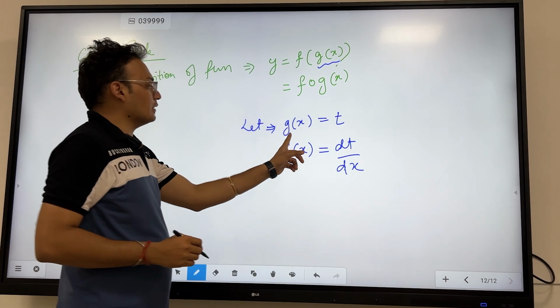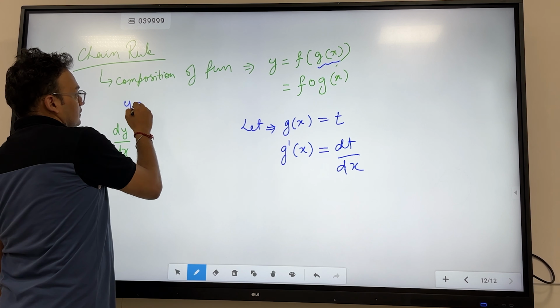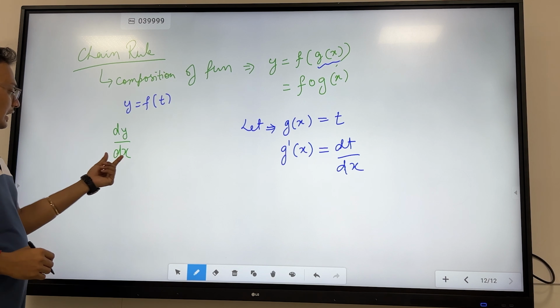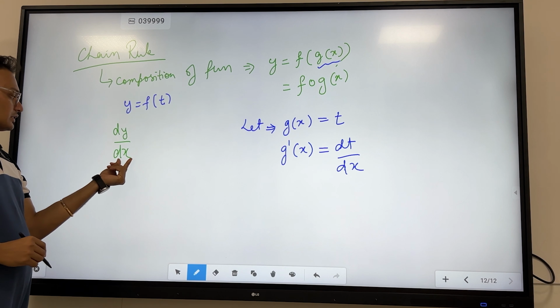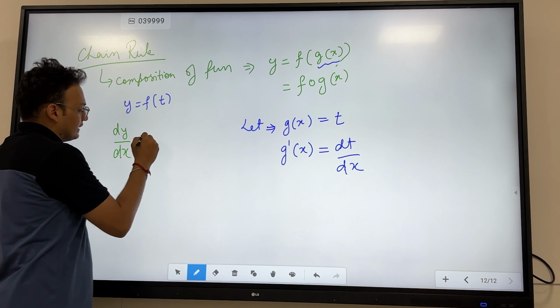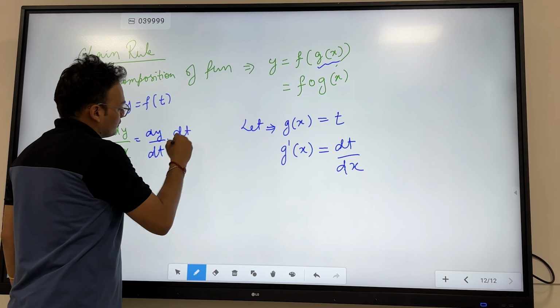Now when I put g(x) as t, what I get? I get y is equal to f of t, right? Now I can't differentiate t with respect to x because y is the function of t now. So can I write it as dy over dt times dt over dx?